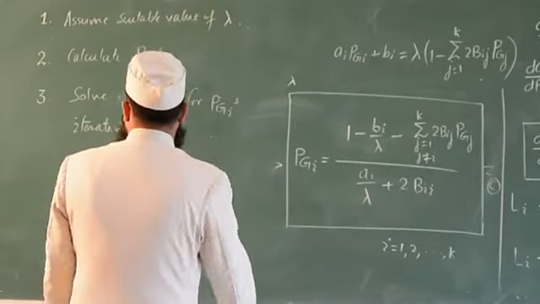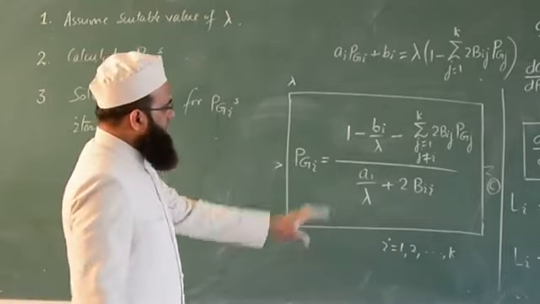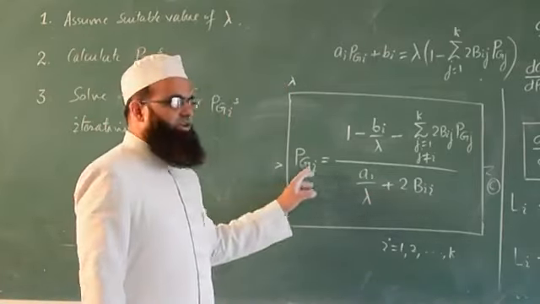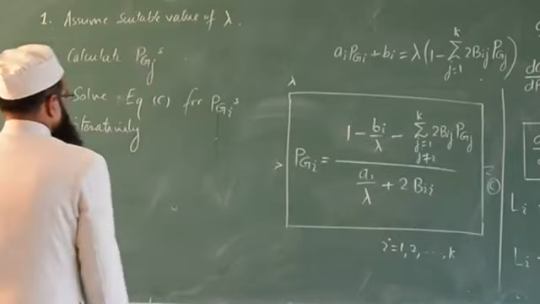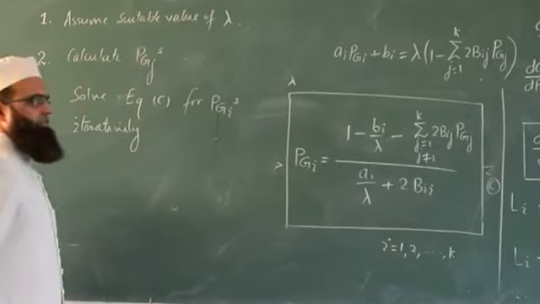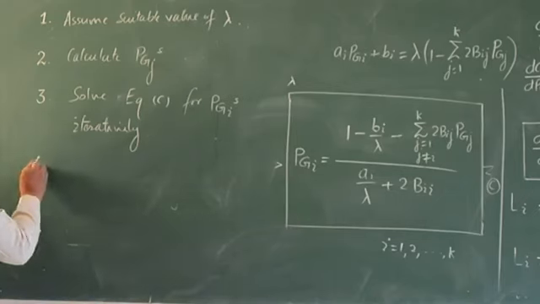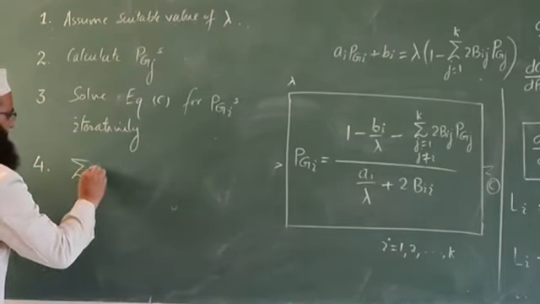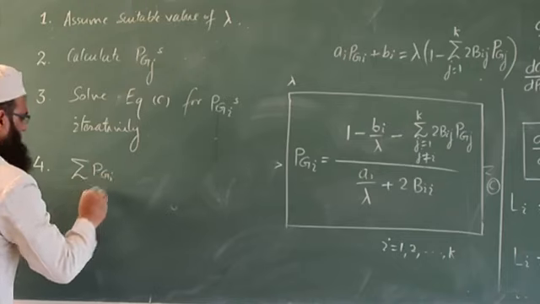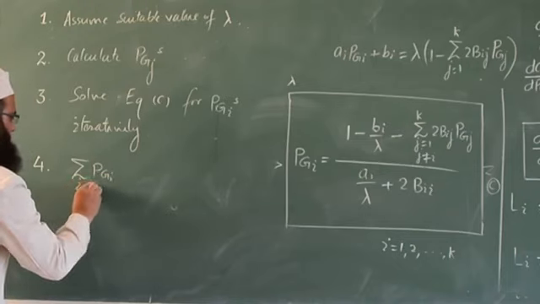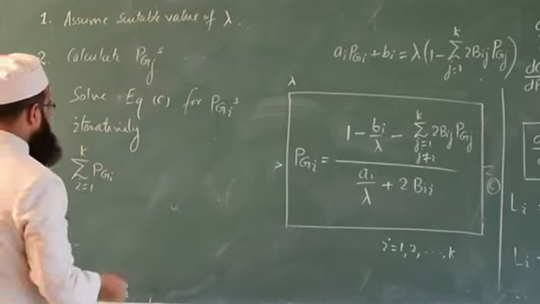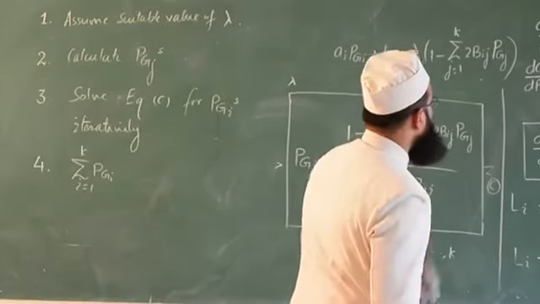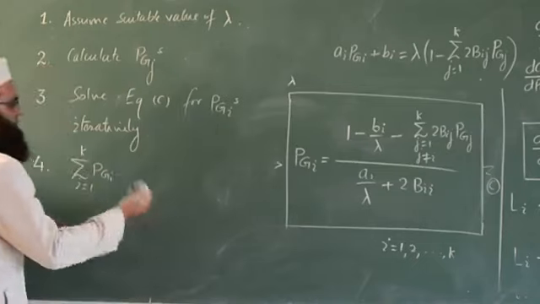So once the solution is converged corresponding to PGI, these iterations are stopped, and we will sum up all PGIs. So the next step, we may write the sum of all PGIs, that is, summation PGI, i is equal to 1 to k. This time we are considering transmission loss also, so this should be equal to demand plus loss.